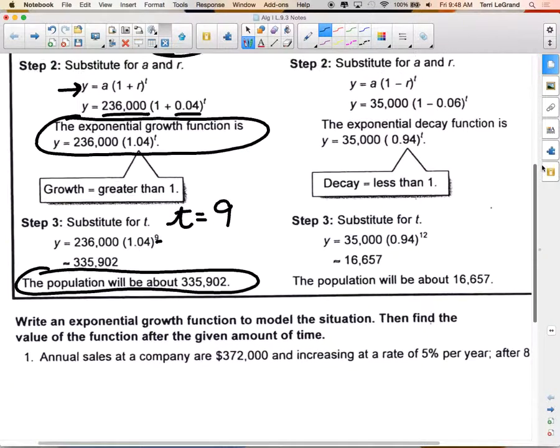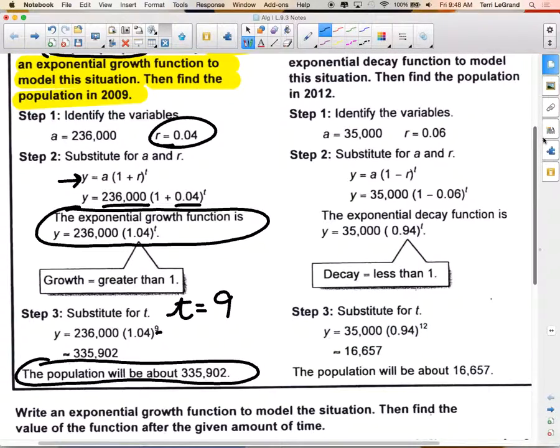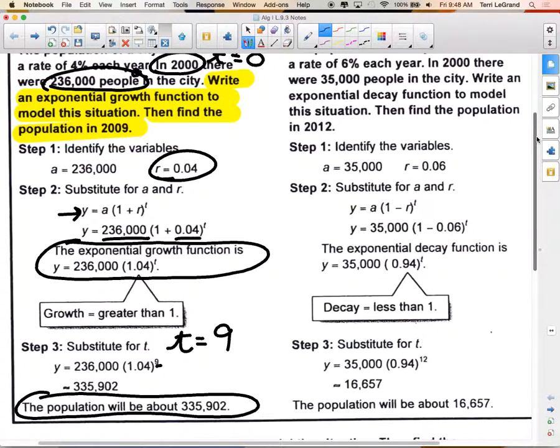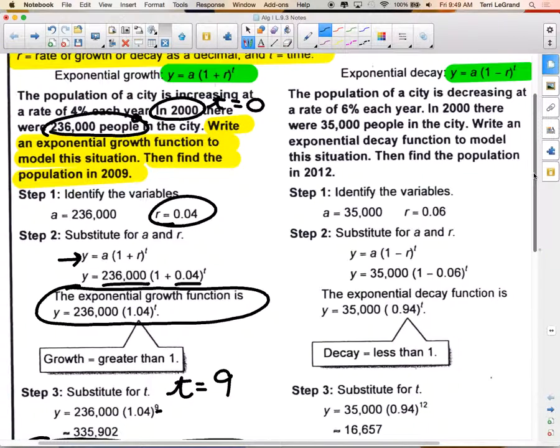Okay, let's look at one where there is decay going on. The only difference is we're subtracting the percentage as a decimal away from 1 instead of adding it to it. So everything else should stay the same. We have in the year 2000, that's our T equals 0, a rate of 6%. This one is decreasing, so 6% as a decimal is 0.06. And what's the A value? 35,000.